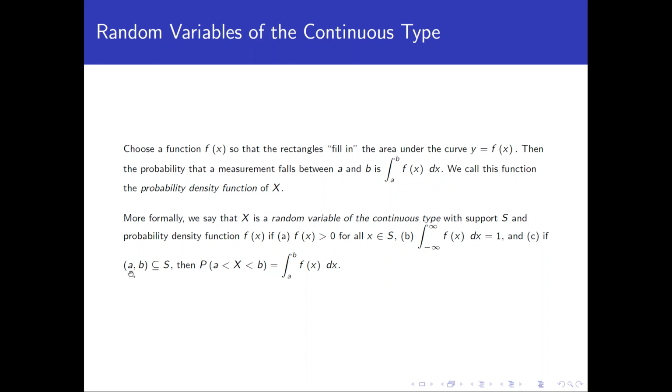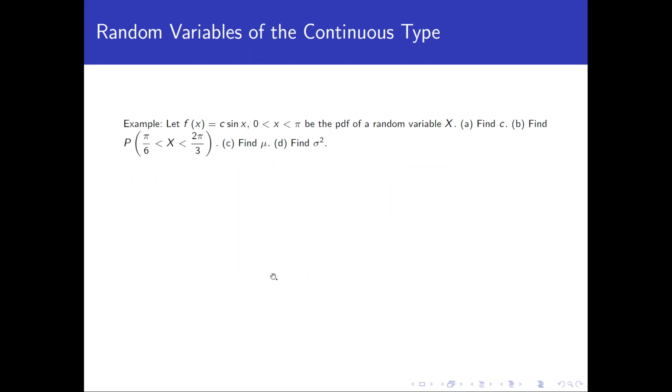To find the probability of particular values in the support, we add up the probabilities. In some regards, the definite integral is a summing up of the probabilities; it's accumulating the probabilities.